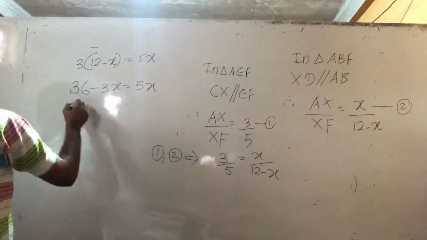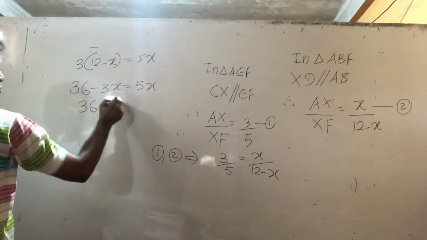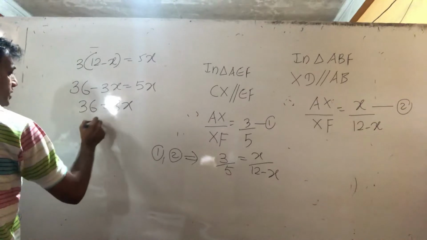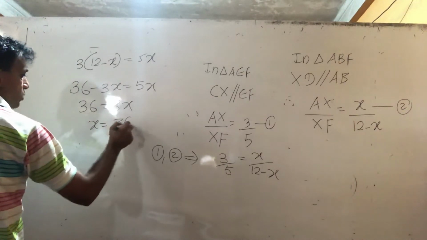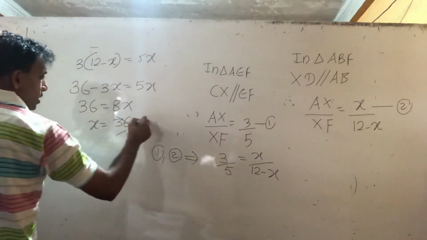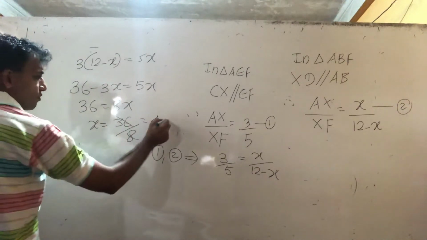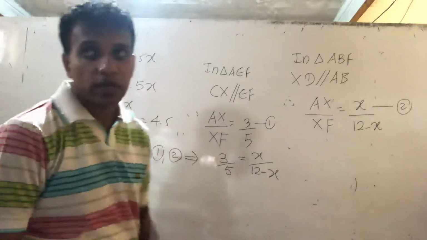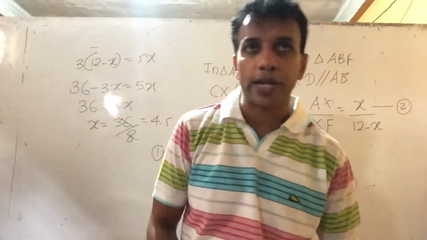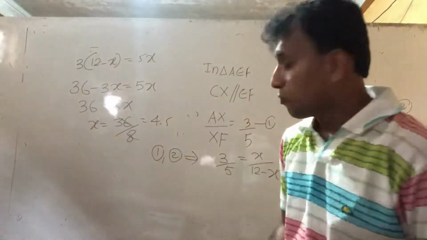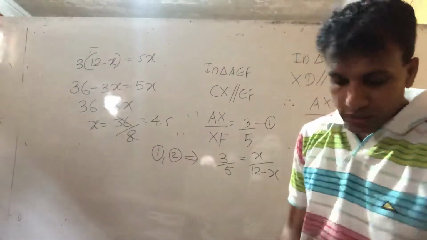Take that to the other side, 36 equal to 8X. So X equal 36 divided by 8. It gets 4 times, that is 32, 4 remaining, so 4.5. So nice work. It can be a long problem, maybe like a part 2 calculation problem. X equal 4.5, right? Okay, see the next question.